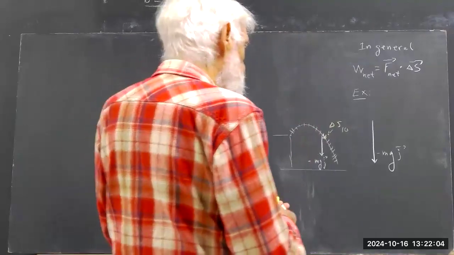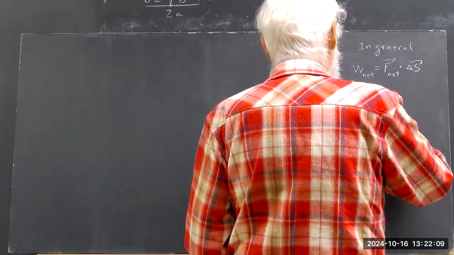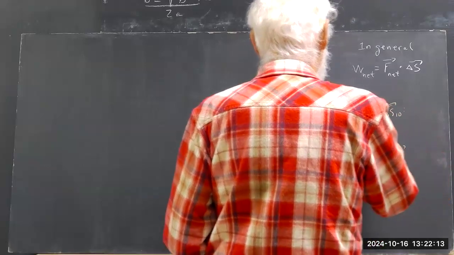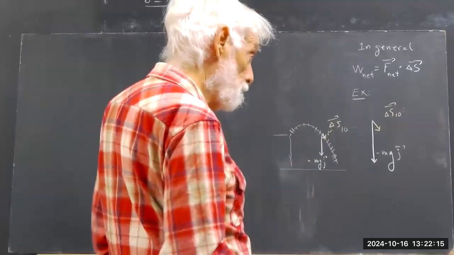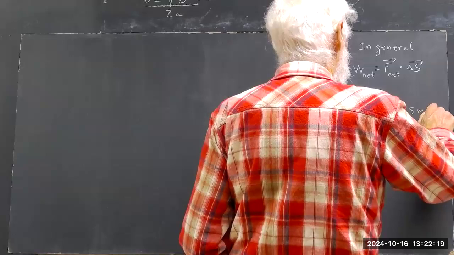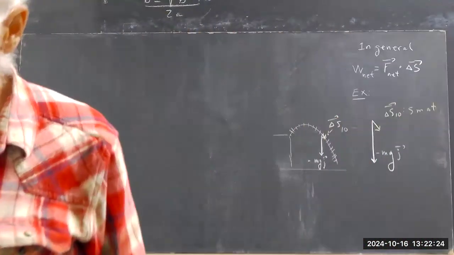Okay, so now we've got a delta S. And it's a vector, so I should have put an arrow over it in the first place, and I didn't. Delta S10, 5 meters at what angle?